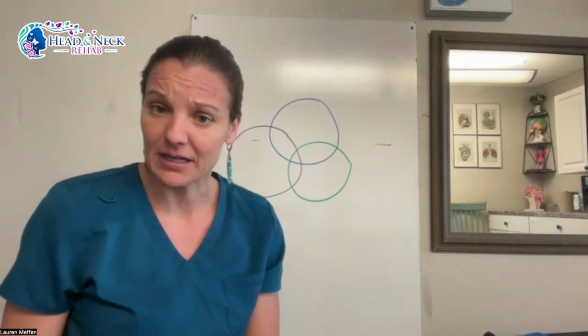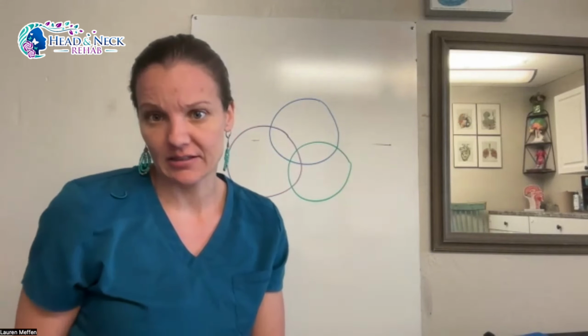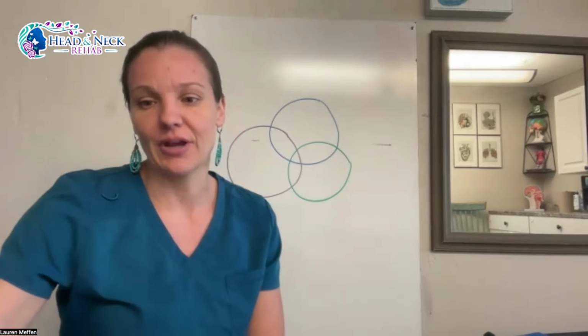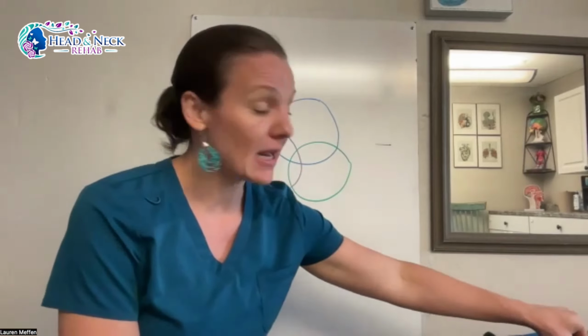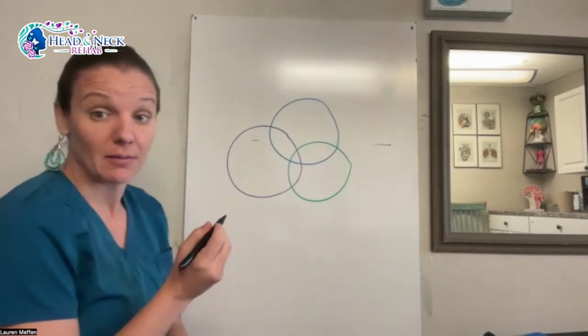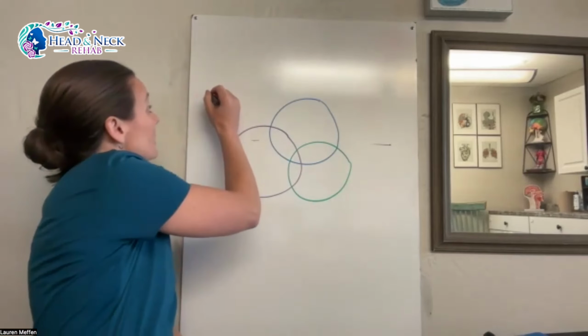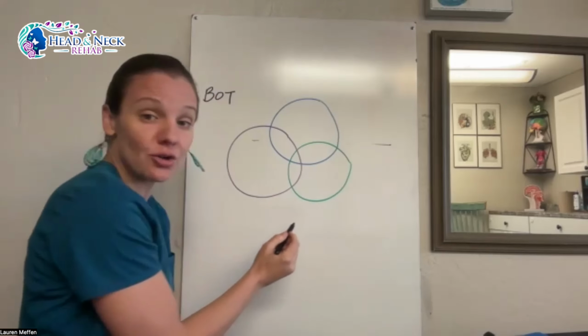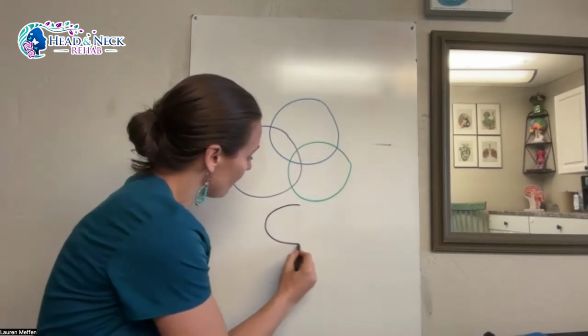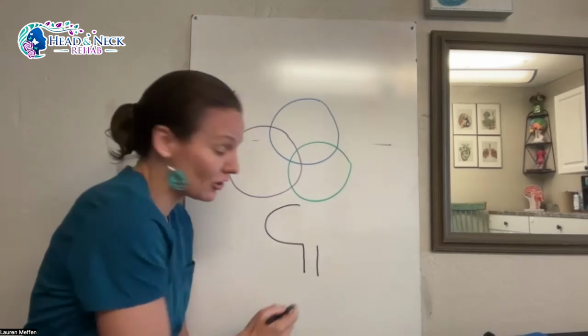So, as a therapist, first pause and go, okay, my patient has a base of tongue tumor. Base of tongue means, for short, BOT. Here's going to be our patient, this tumor. There's our neck.